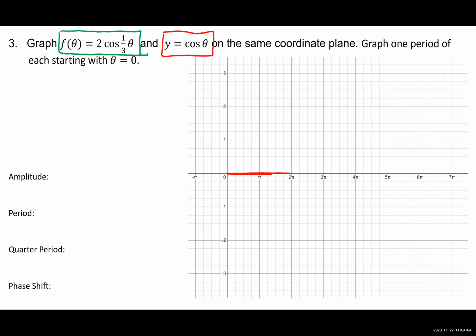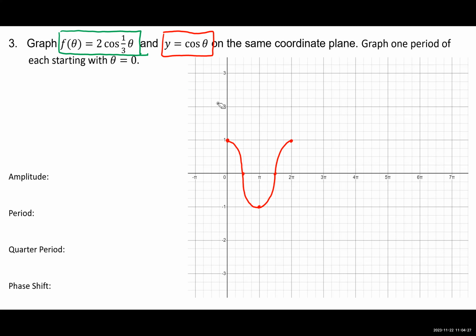So here's 0 to 2 pi. We actually have to squeeze our cosine function in here. It's going to look a little more compressed, because here is 2 pi on the x-axis. So there's going to be one period of cosine of theta.